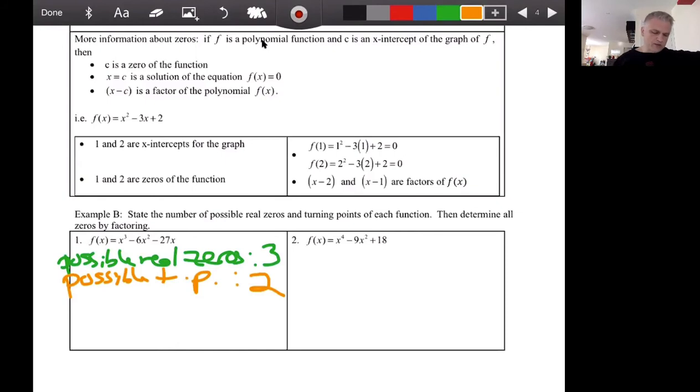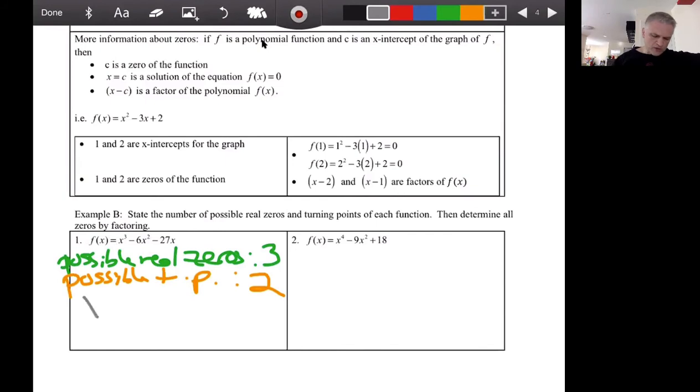All right, now it says let's determine the zeros by factoring. Well, I would do the product sum, except that they all have a GCF, and I want to factor out my GCF first. So let's see, the coefficients are 1, 6, and 27. I'm not going to have anything divide out of that, but they all have an x.